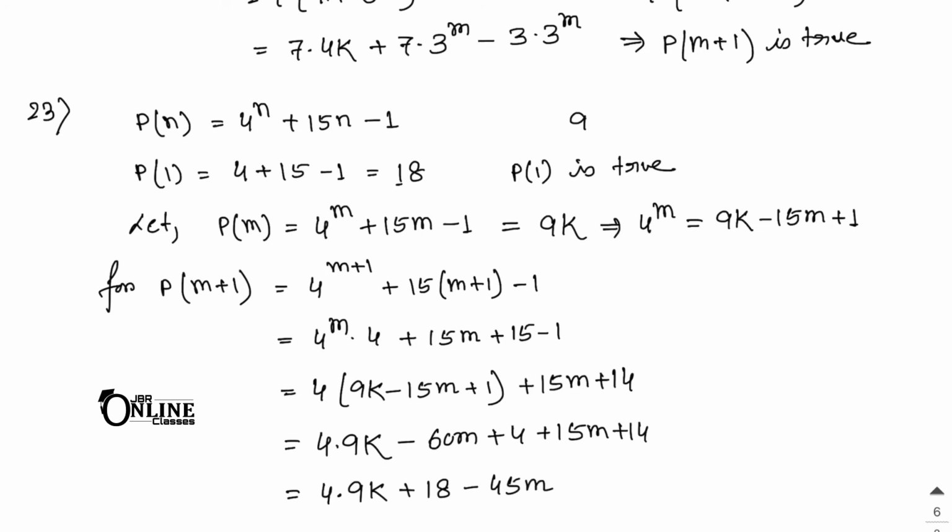Now from that, if you take 9 common, it becomes 4k plus 2 minus 5m, multiplied with 9, which means it's definitely divisible by 9. That implies Pm plus 1 is true. So if Pm plus 1 is true, then Pn is true for n belongs to N.